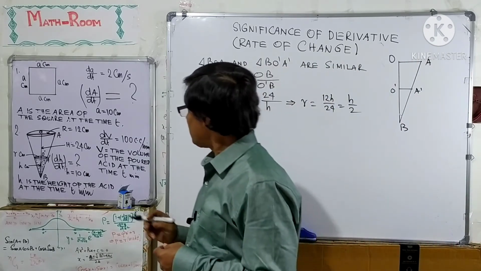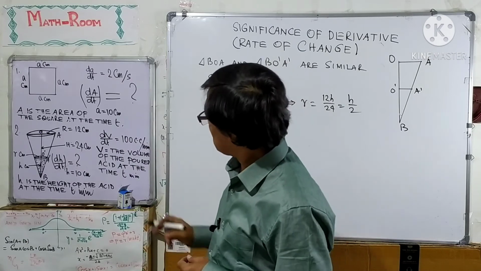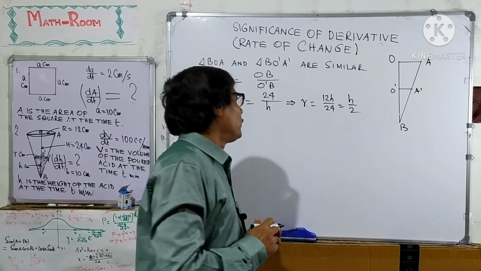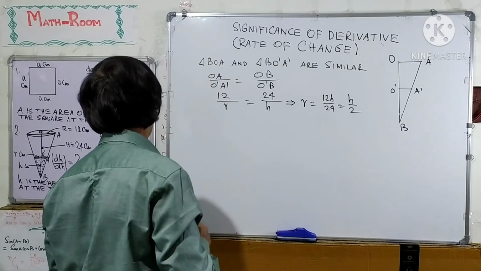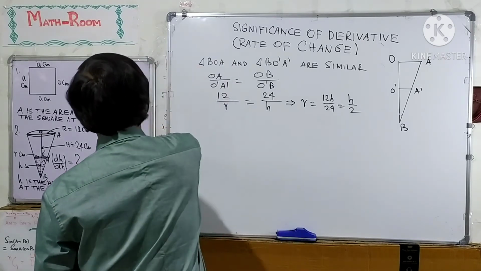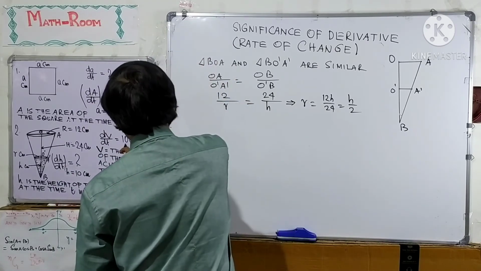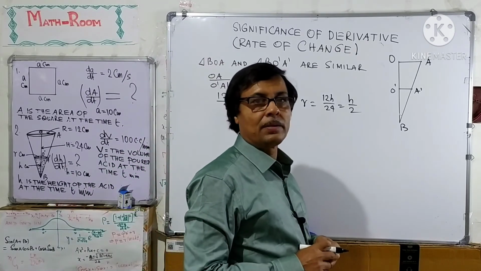Now, here we are given the rate of change of the volume of the poured acid, that is dV/dt equal to 100 cc per minute, where V is the volume of the acid at time t.